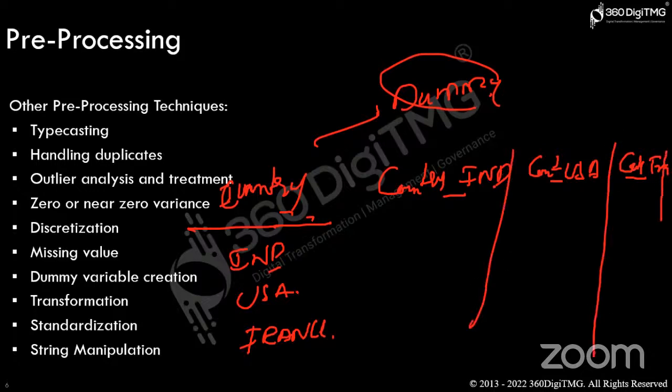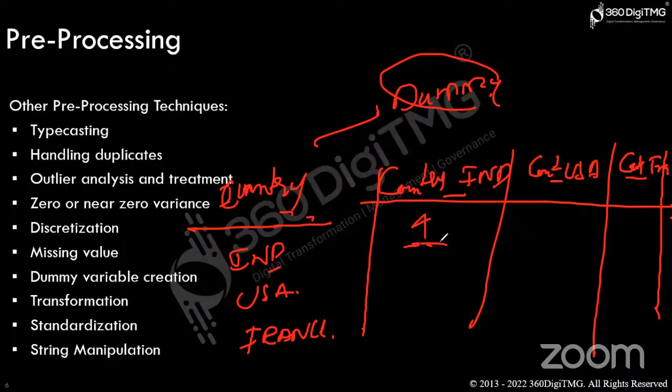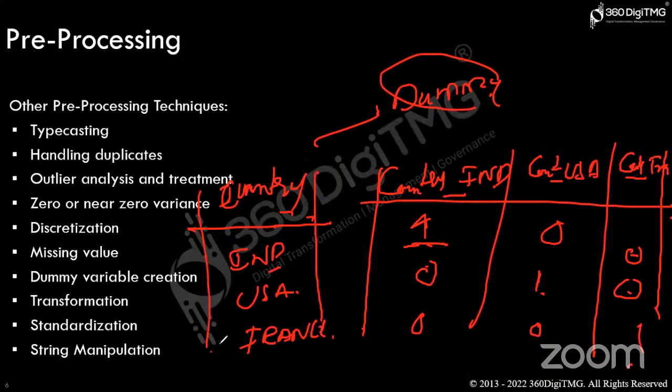Wherever India is present, it will be 1 and the rest 0, 0. Wherever the USA is present, it will become 1 and the rest will be 0. And whenever France is present, it will be 1 and the rest will be 0. This is what happens when we do dummy variable creation.